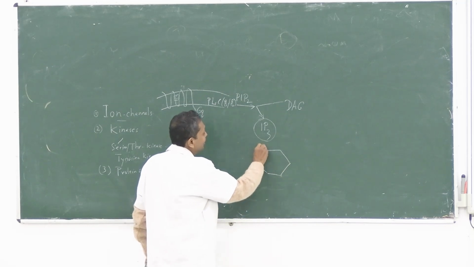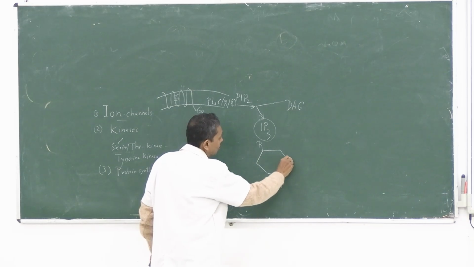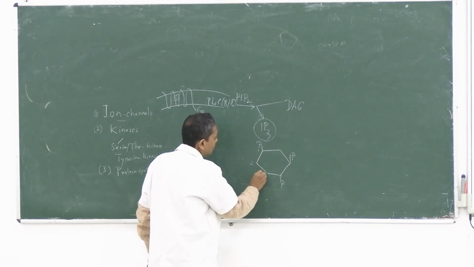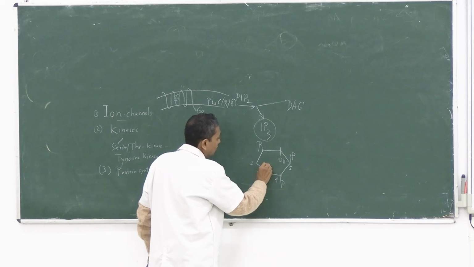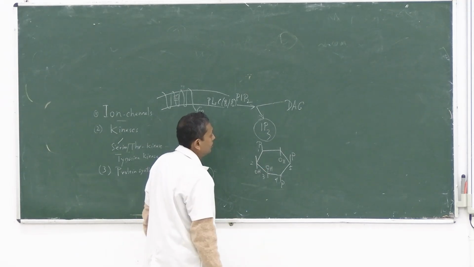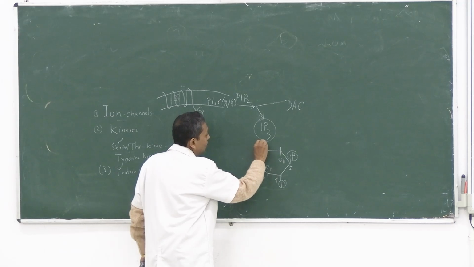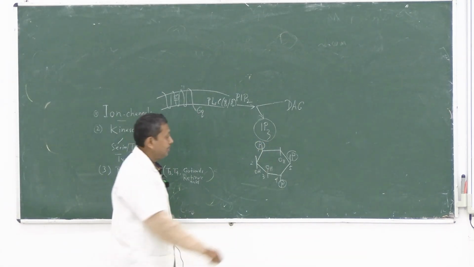Inositol triphosphate, this is phosphate. This type of structure, this is the 4,5 position phosphate, inositol 1,4,5 triphosphate, IP3.